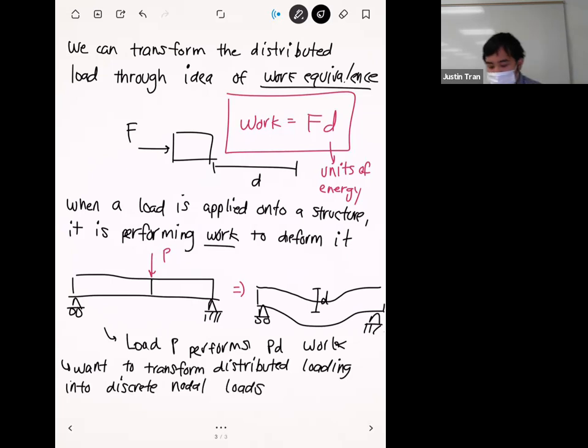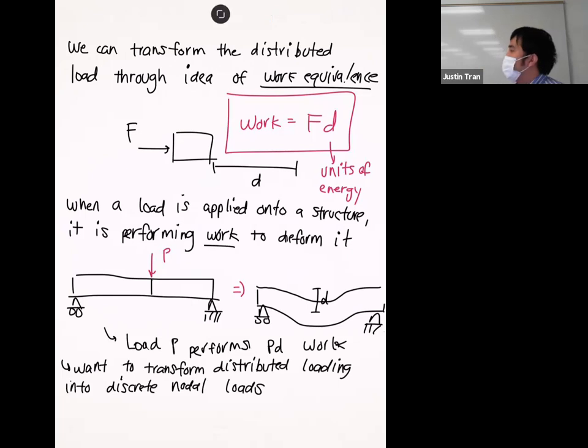One way that we can do this is by saying that when we transform the distributed loading into nodal loads, those two systems have to perform the exact same amount of work.